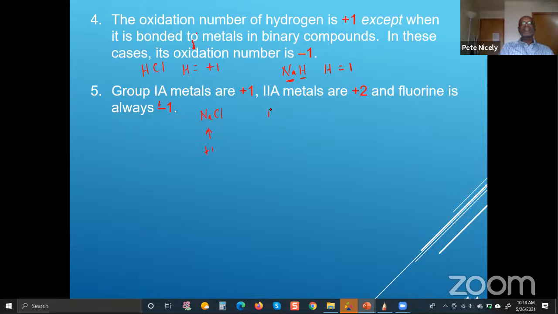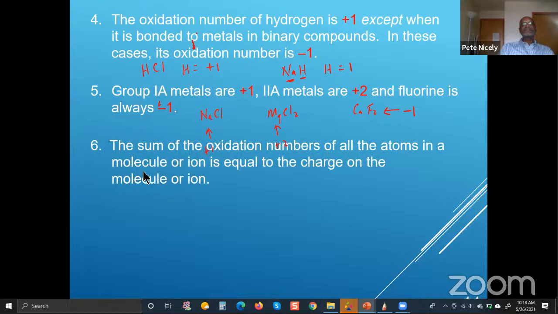In the case of magnesium chloride, the oxidation number of magnesium is +2. And in the case of calcium fluoride, the oxidation number of fluorine is -1, all right? So that's basically rule number 5, which deals with group 1A, group 2A metals, and fluorine.